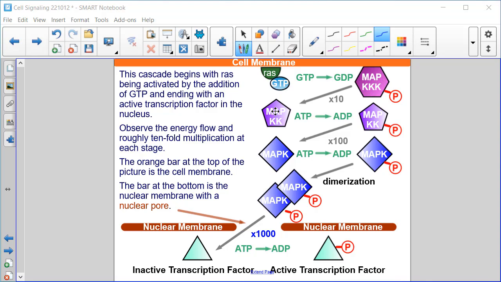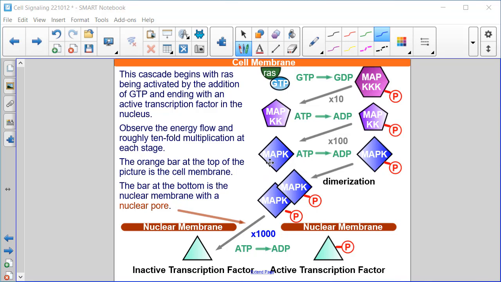That is amplified 10 times and continues the cascade to MAP KK through the ATP to ADP process, where it is phosphorylated to MAP KK. That's amplified another 10 times, so we have 100.